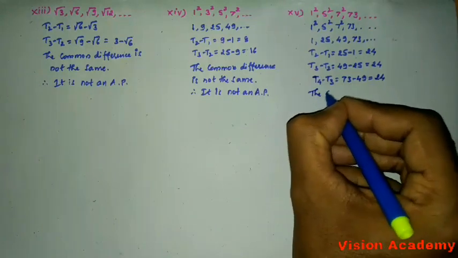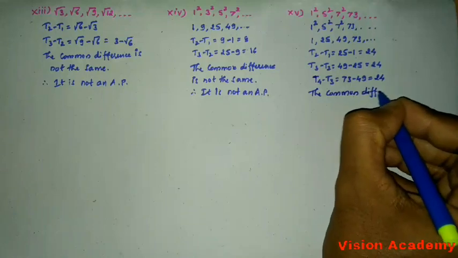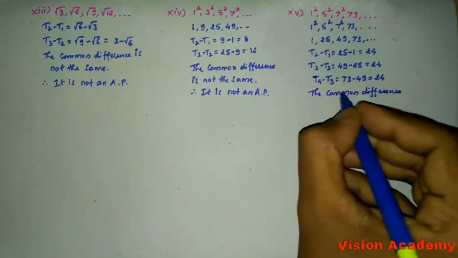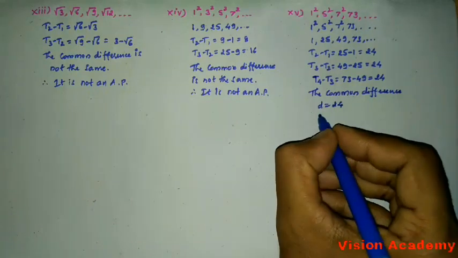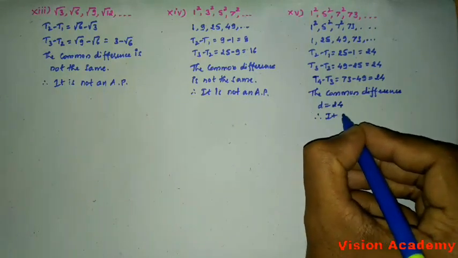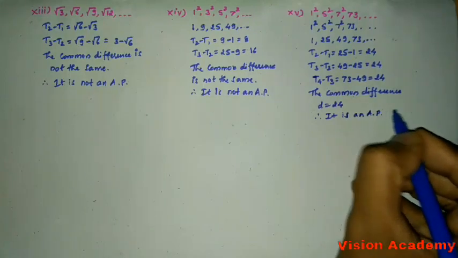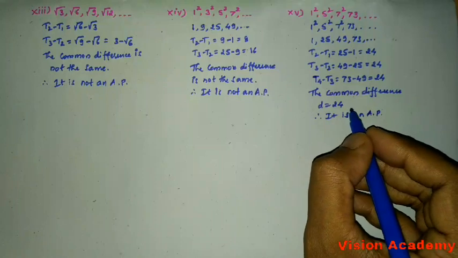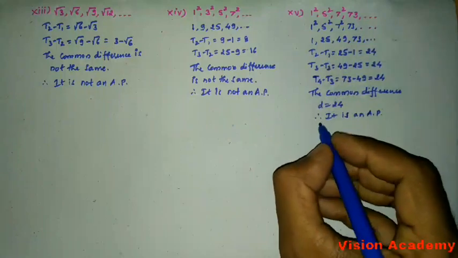The common difference D is equal to 24. Therefore, it is an AP. The next three terms can be determined by adding the common difference 24 to the last term.